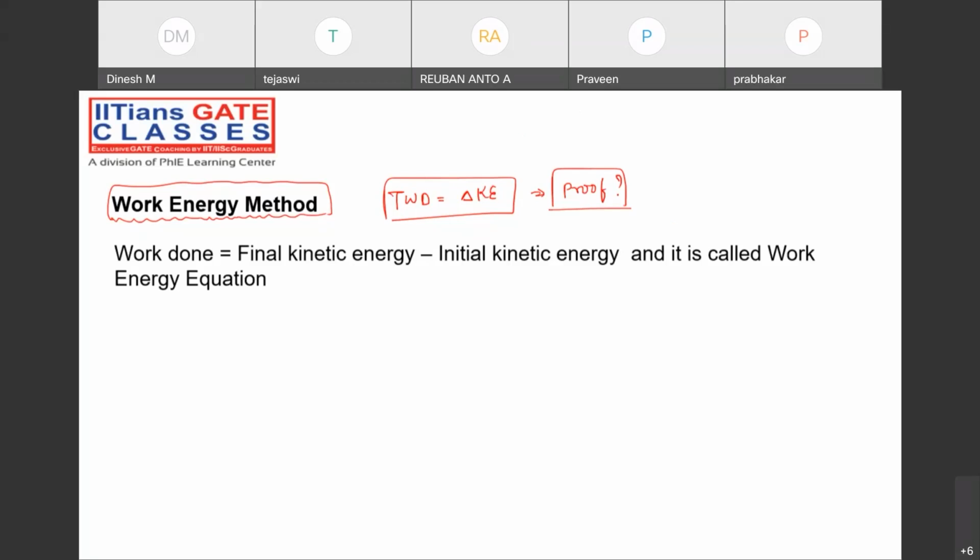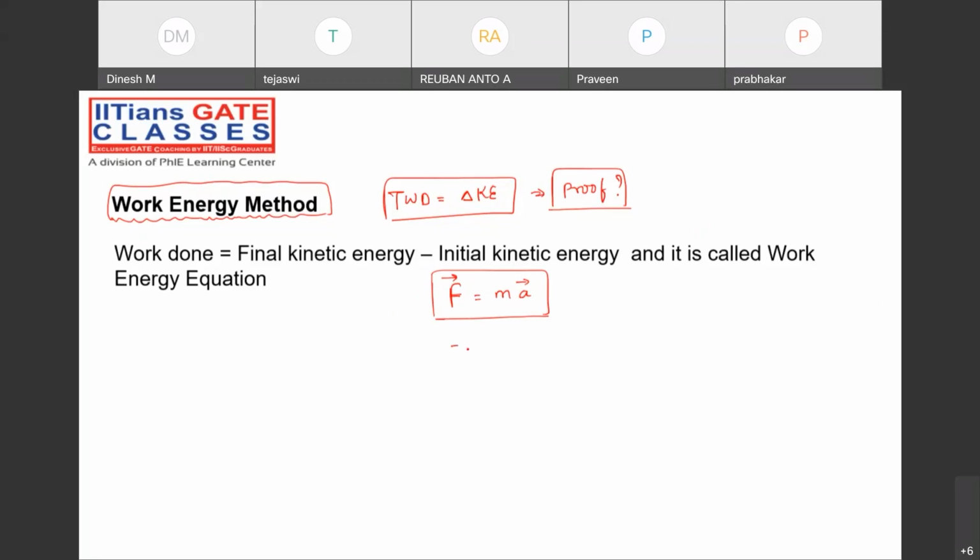You know that force equals mass into acceleration. Am I right? Net force will be equal to mass into acceleration.